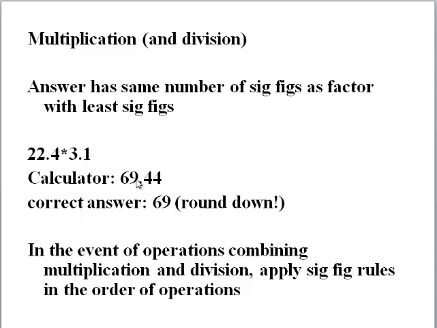Round down means leave 9 as it is. And the correct answer is simply 69. In the event of operations combining multiplication and division, apply the sig fig rules in the order of operations.